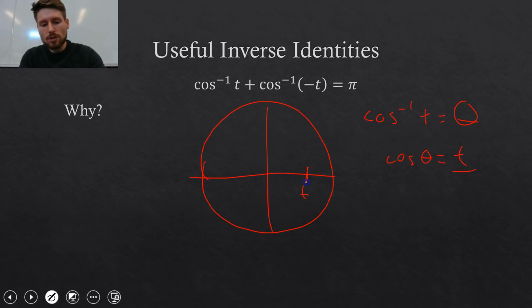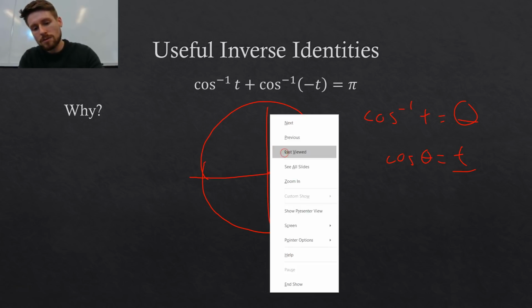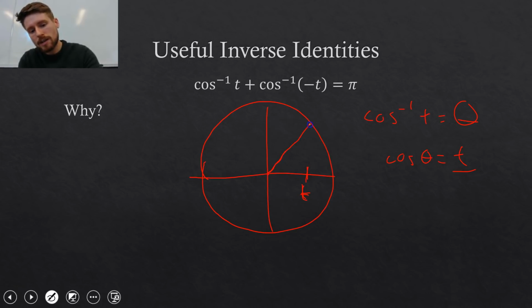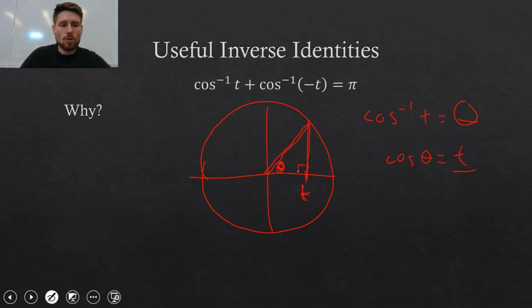So here's my x-coordinate on the unit circle. My x-coordinate is t. I'm going to draw the radius, drawing the angle. So this is theta. Okay, so here's my random x-coordinate. I just picked a random positive value. Now, let's look at what's cosine inverse of negative t.